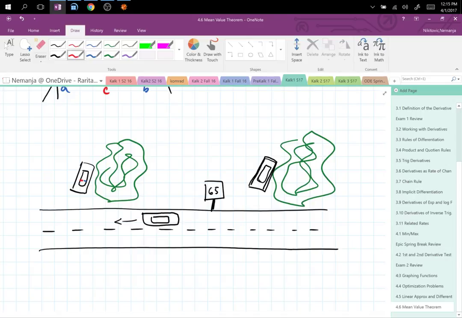All right, so let's say that these two speed traps are, I don't know, 10 miles apart.